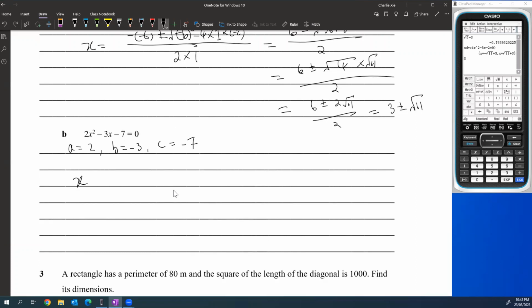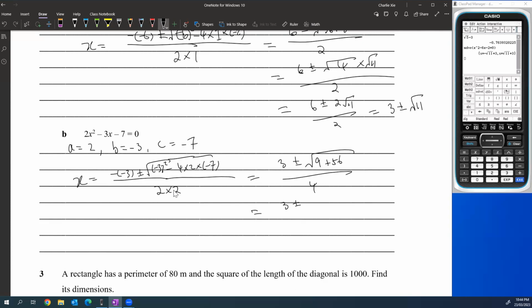So x equals negative b plus minus square root of b squared minus 4 times 2 times -7, over 2 times 2. So that would be positive 3 plus or minus square root of -3 squared, which is 9, minus 4 times -7, that's 8 times 7, 56. So plus 56 over 4.